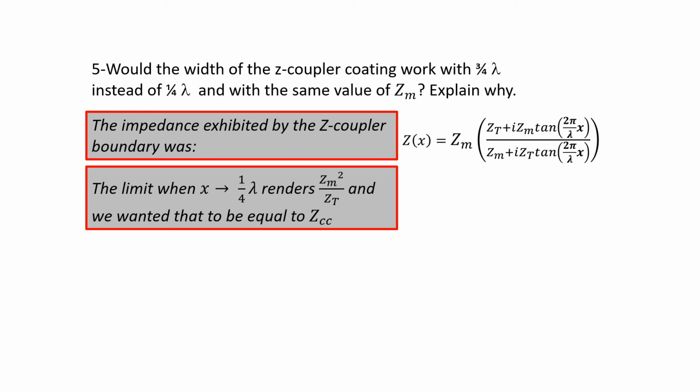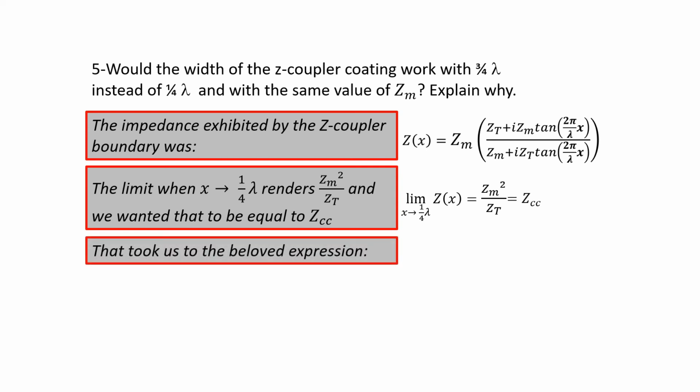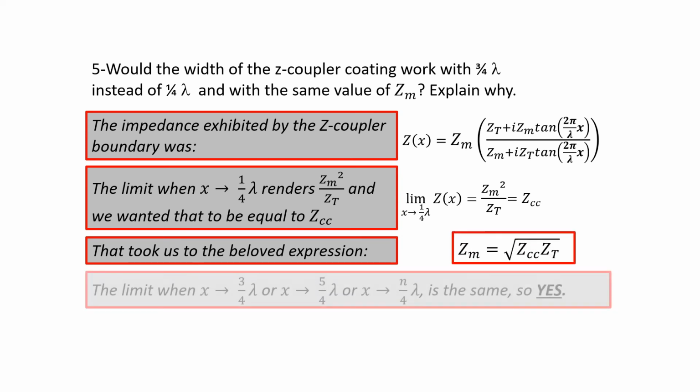The limit when x tends to 1/4 lambda renders zeta sub m squared over zeta sub t. And we wanted that to be equal to zeta sub c. That took us to the beloved expression. The limit when x tends to 3/4 lambda or 5/4 lambda or n quarters of lambda is the same, so the magic will still work.